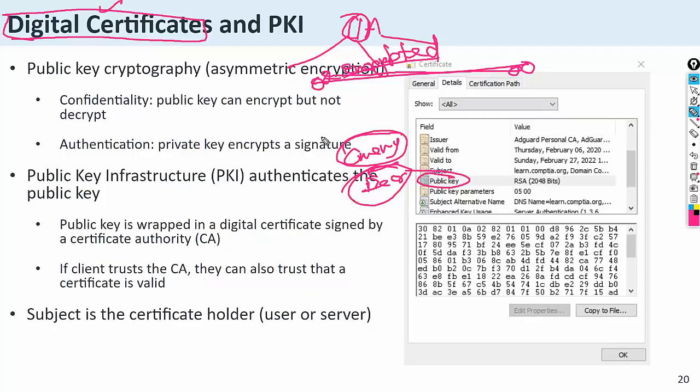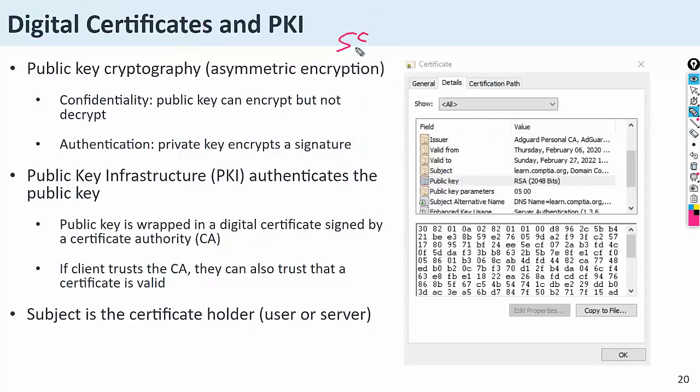When encryption is used, like in my browser when I want to log in, you have already heard about SSL and TLS, which we have discussed. SSL and TLS work on the digital certificate. The digital certificate has the information of the public key, which is used for cryptography, and this cryptography is known as asymmetric encryption.